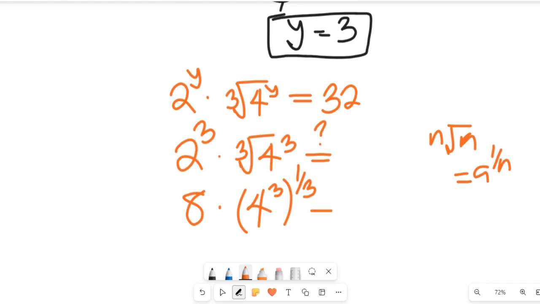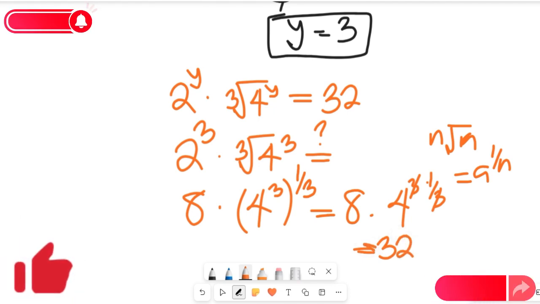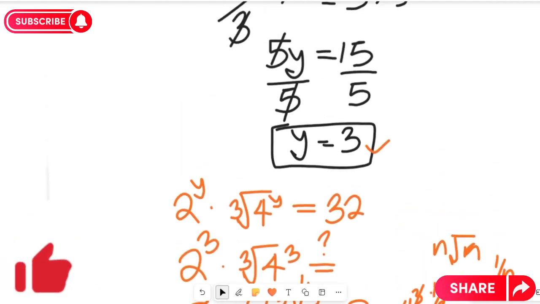So this will be equal to 8 multiplied by 4 to the power of 3 times 1 divided by 3. So 3 clears 3, and then 8 times 4 will be equal to 32. So we see 32 on the left hand side equal to 32 on the right hand side. That shows that the value y equal to 3 duly satisfies that exponential equation.